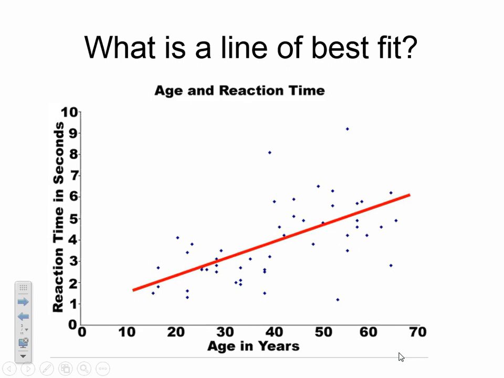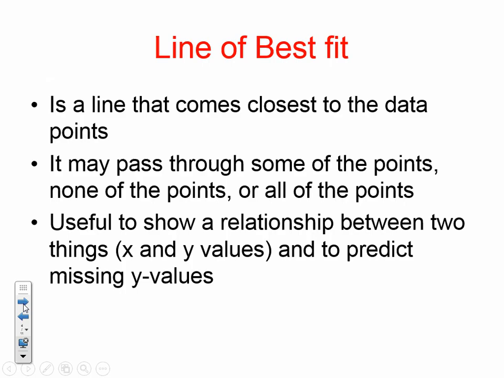And so they would need a line of best fit to help predict, say, what an 80-year-old's reaction time might be. An 80-year-old wasn't surveyed. They aren't on our graph. But we can use this red line, if we can find this equation, to find out what their reaction time might be.